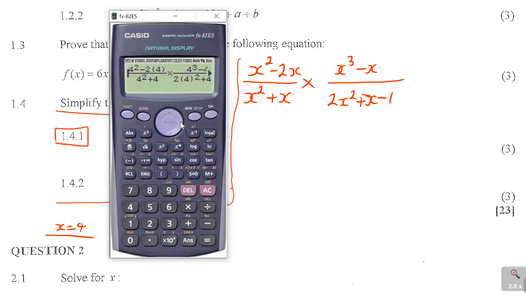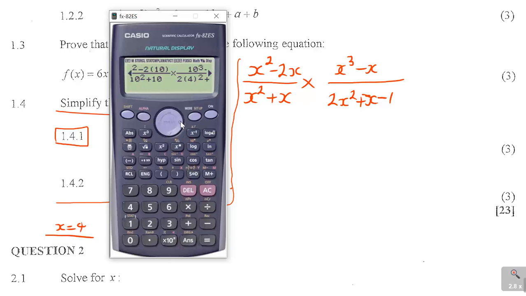You can change any number here. Let's make it 10 to see whether it will be maintained as 24 over 35. Just any number of your choice. That's the main part here.